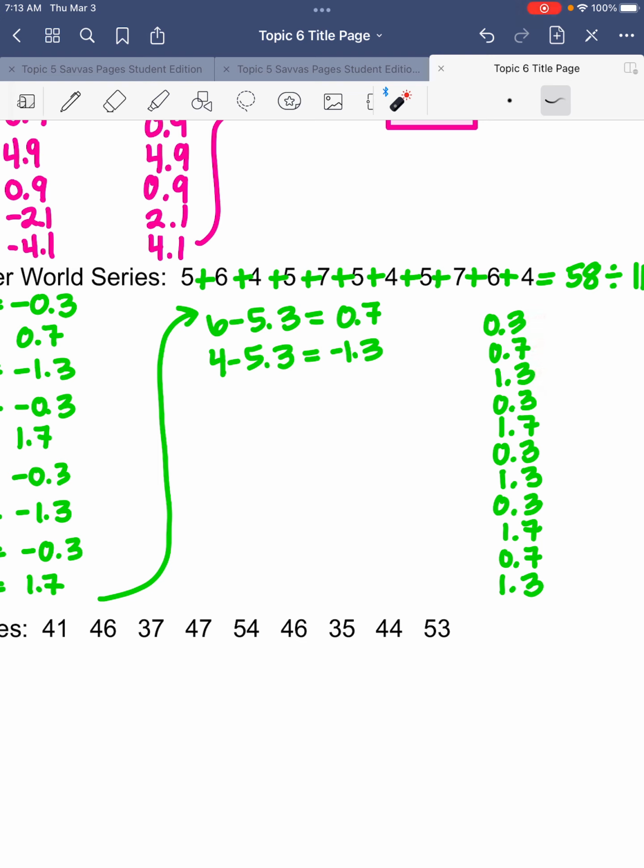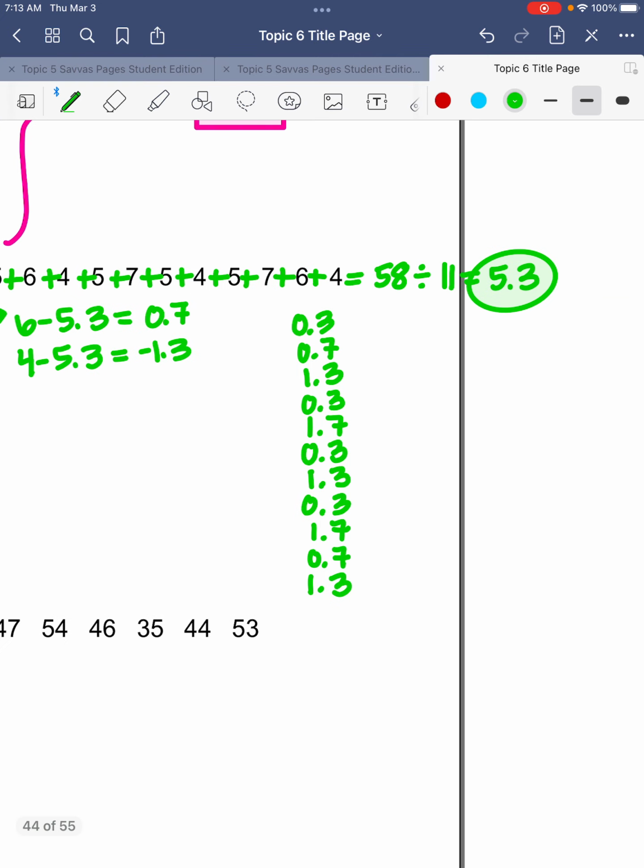It is. So I now want to add up all of these numbers. So let's do that. I'm using my calculator over here to the side. So I have 0.3 plus 0.7 plus 1.3 plus 0.3 plus 1.7 plus 0.3 plus 1.3 plus 0.3 plus 1.7 plus 0.7 plus 1.3.